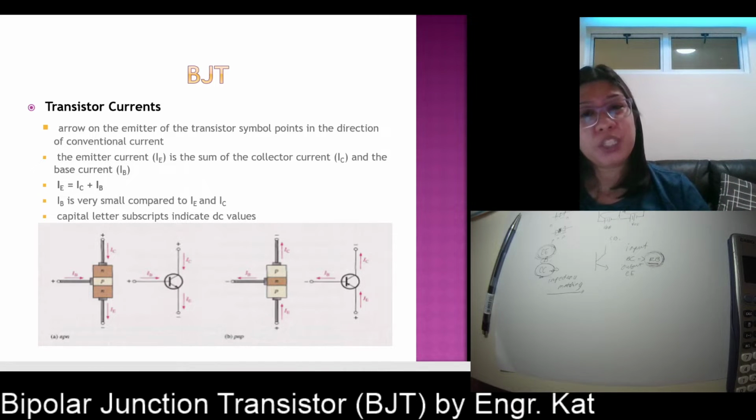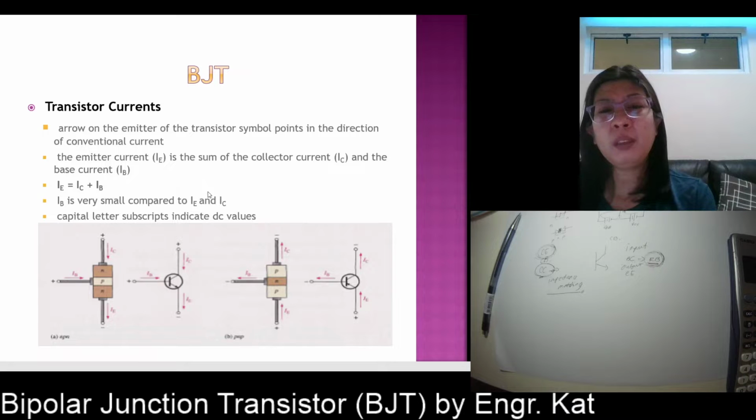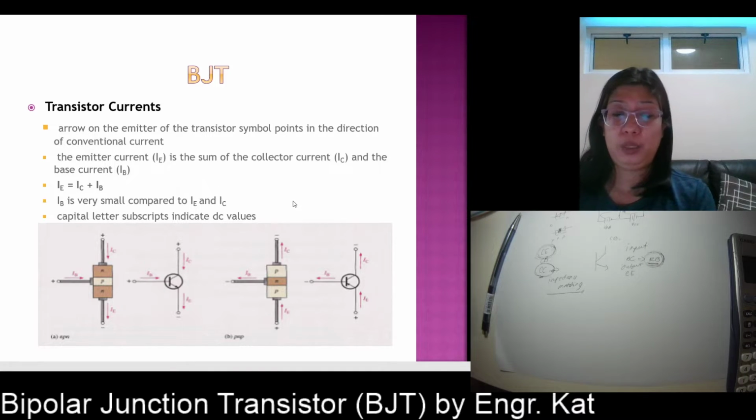For the carriers from the emitter to be collected at the collector terminal, just passing through the base. That means our current made up of the majority carriers from the emitter must be transferred to the collector. That's why they must be approximately equal.